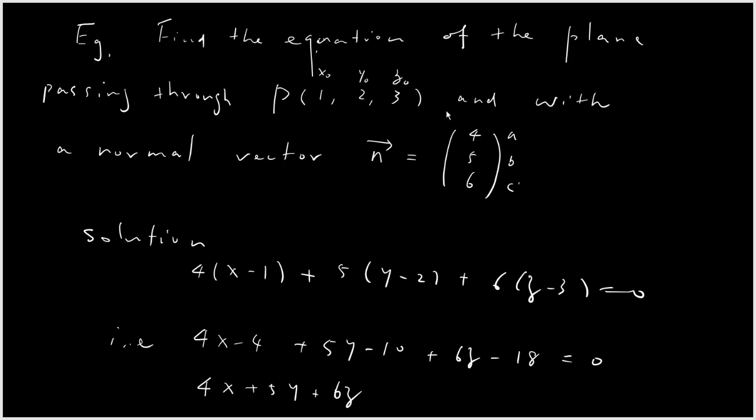I'm not sure what the right hand side is. So anybody want to tell me the right hand side? 4 plus 10 is 14, plus 18, I think you have 32. You have 32, right? Sure, thank you. Cool.